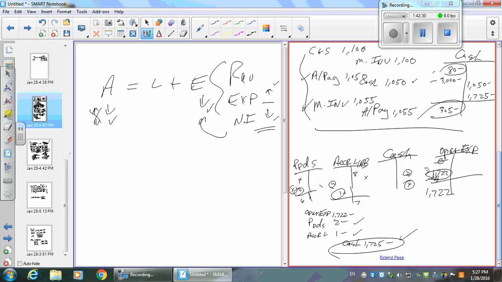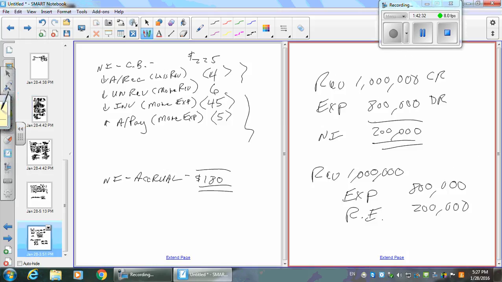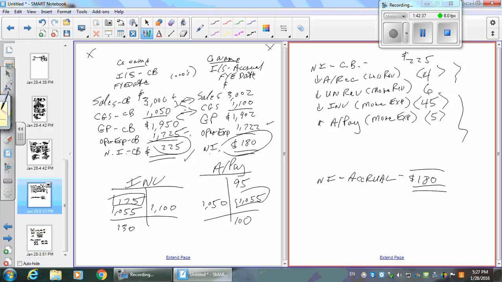It's right there. Okay, so let's go back to our statement. Where is it? There it is. Okay, what happened to prepaids? We increased them. So some of the cash that went out was for prepaids, not for expense. So what does that mean?